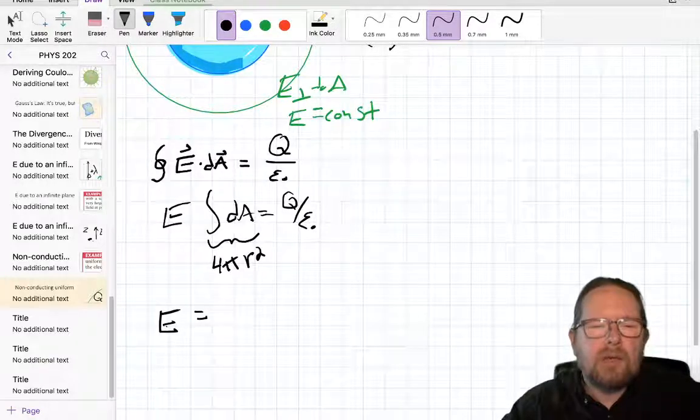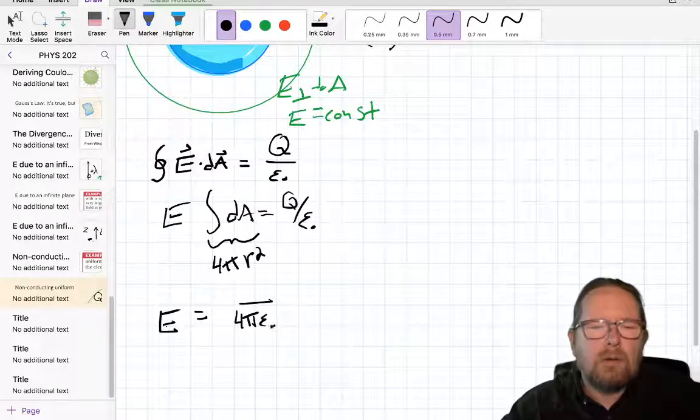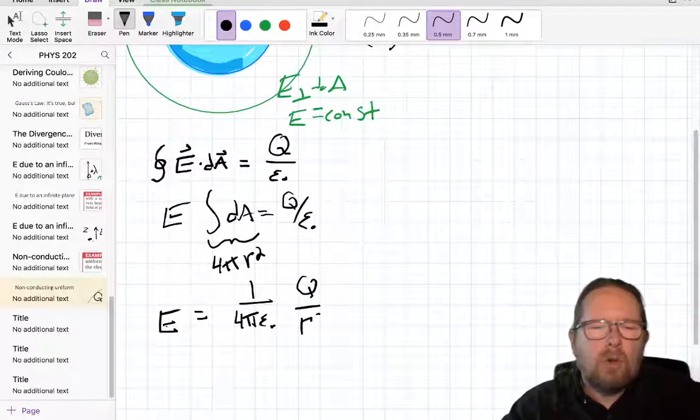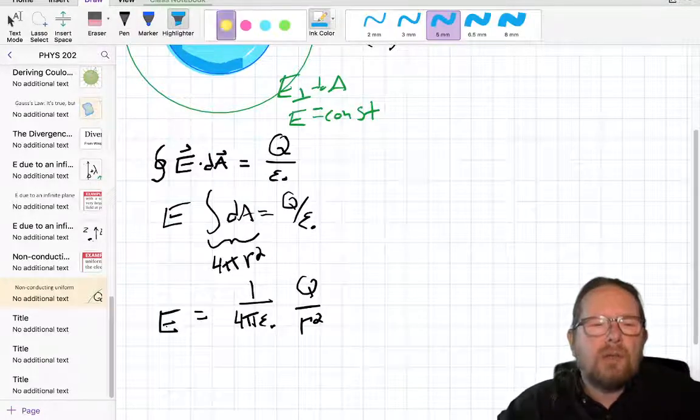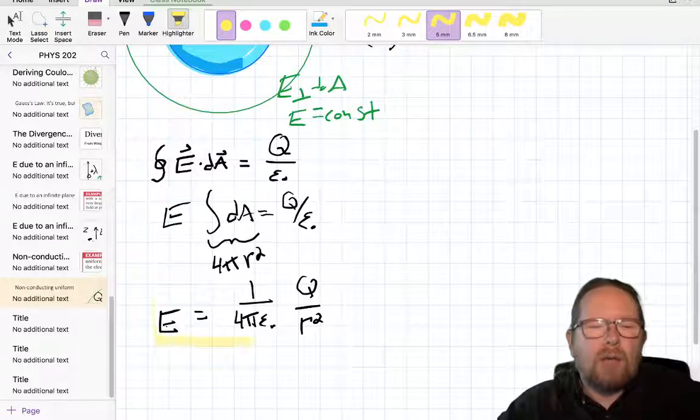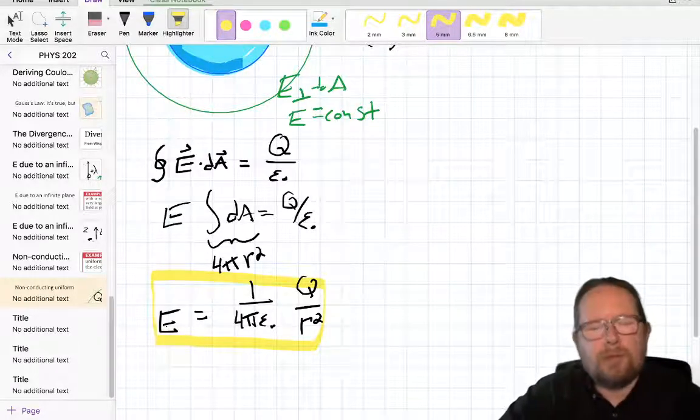We've got an epsilon naught, we've got a 4 pi. So 1 over 4 pi epsilon naught times Q divided by r squared, which, surprise, surprise, is just the electric field of a point particle via Coulomb's law.